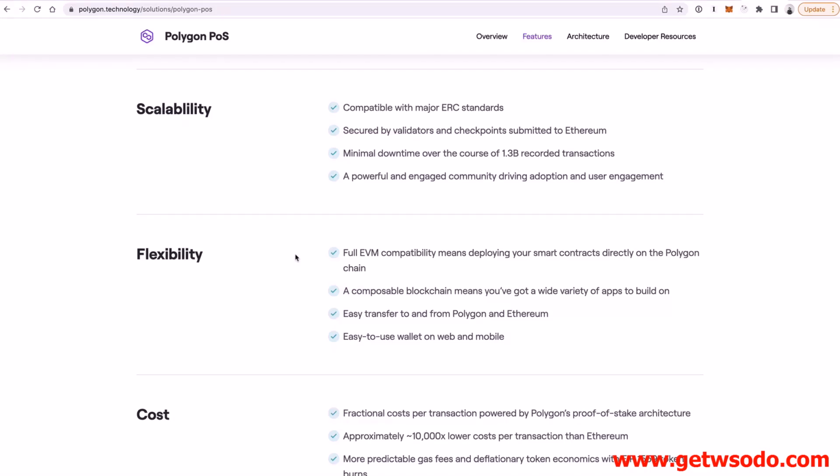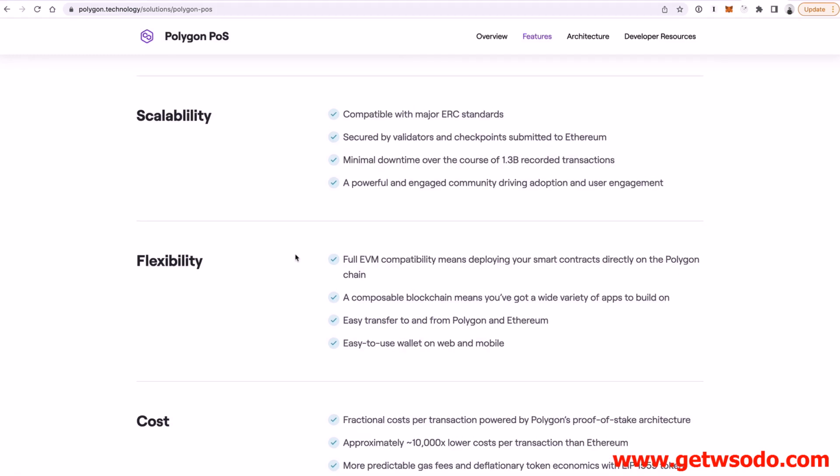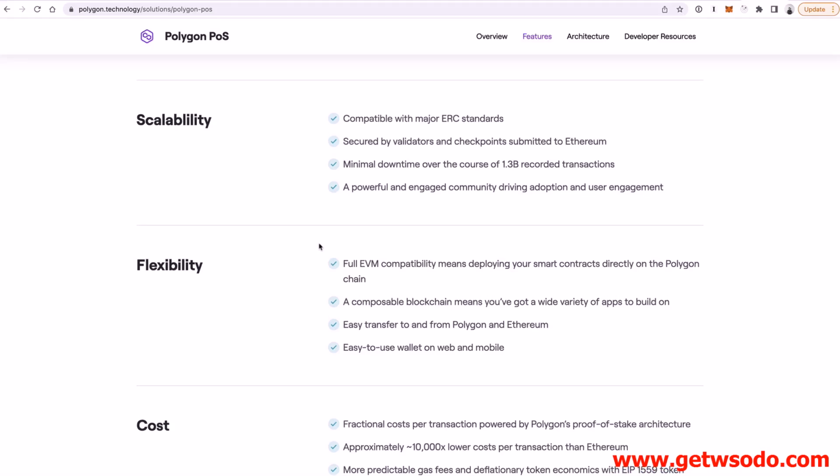So you might ask, why wouldn't you just do everything on Polygon? Why do you need Ethereum in the first place? Well, Ethereum's going to have much, much, much stronger security than something like Polygon. So for the vast majority of use cases that have a small amount of value, it doesn't matter as much to put it on something like Polygon. But for things that have much higher security needs, you want to keep that stuff on the main Ethereum chain itself.